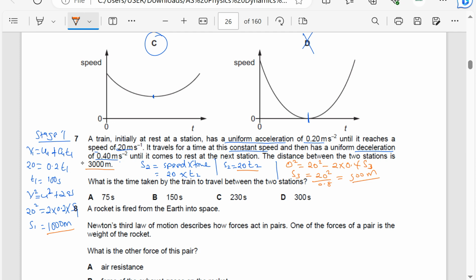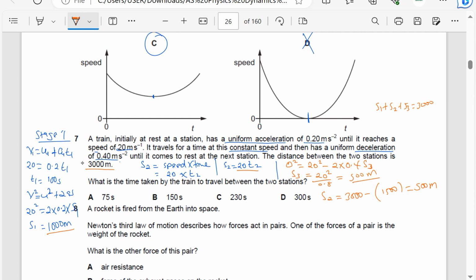So S1 plus S2 plus S3 should give us the total distance of 3000. When I want to find S2, I get 3000 minus 1500, which is 500 meters. So the distance S2 is 500 meters. Now I go back to the equation for S2.